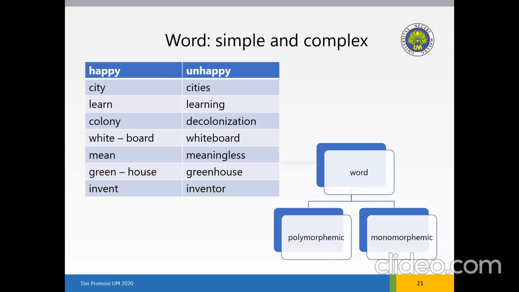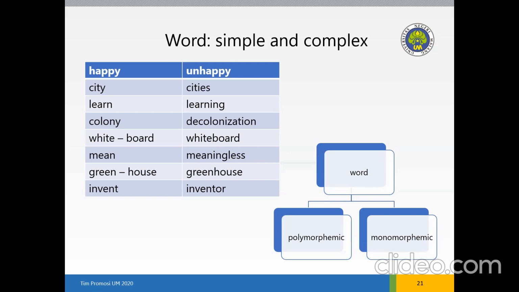A morpheme is the smallest unit of meaning in a language, and words can be either monomorphemic or polymorphemic. So if you see the table on your screen, we have some examples of monomorphemic there. They are happy, city, learn.